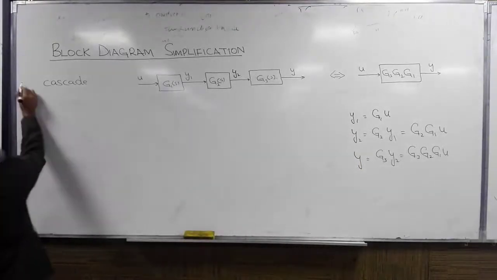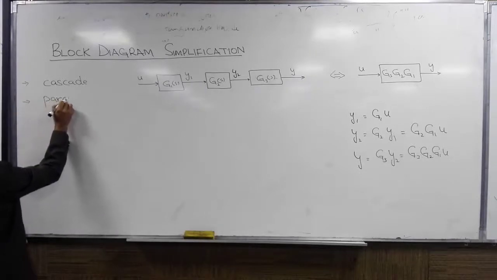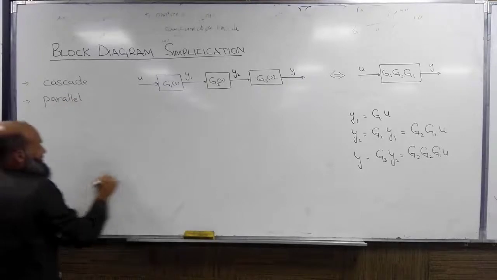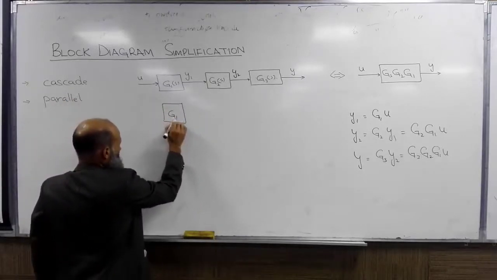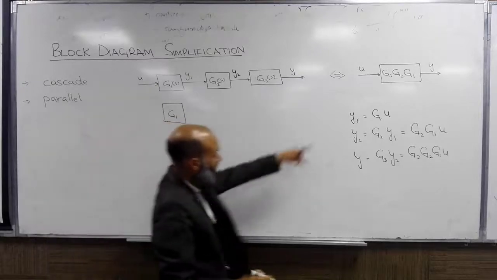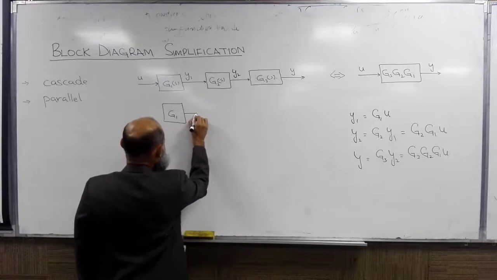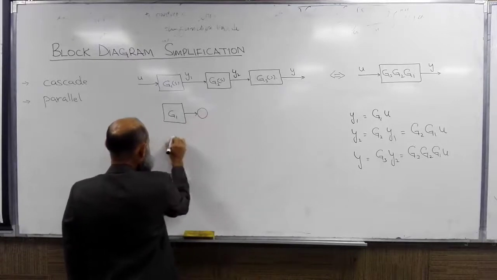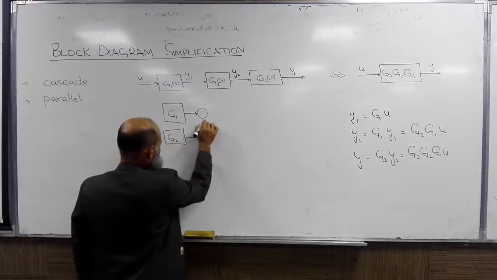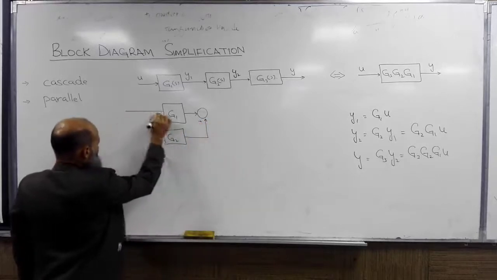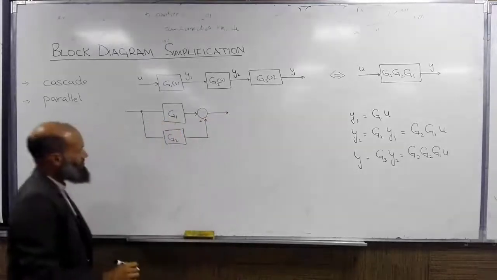Similarly, if systems are connected in parallel, that is, if you have one transfer function G1 of S, the argument S I have omitted over here, that is understood, and you have another transfer function G2 of S, and the same input is fed to the two transfer functions.